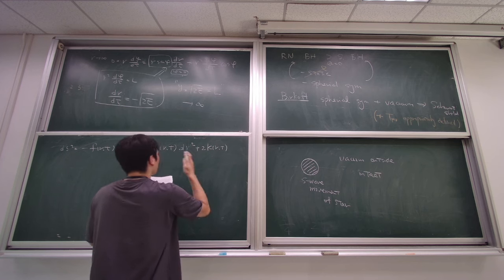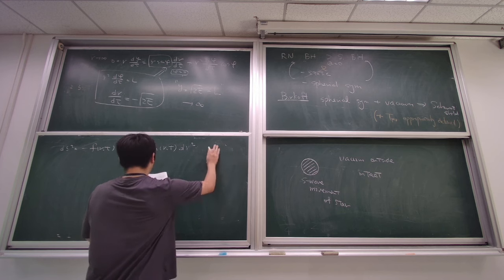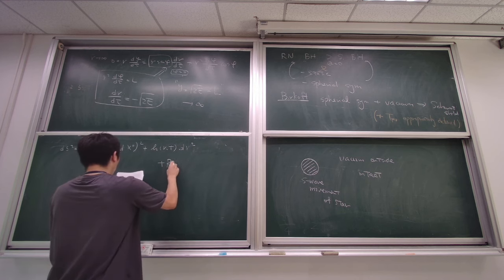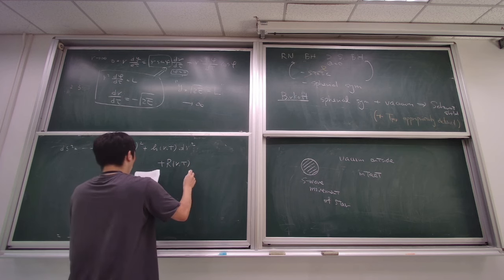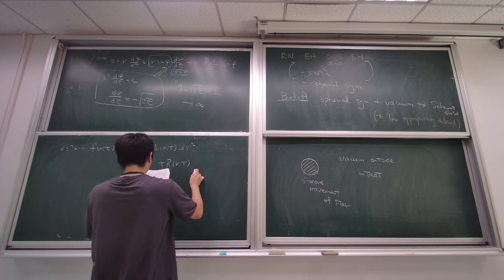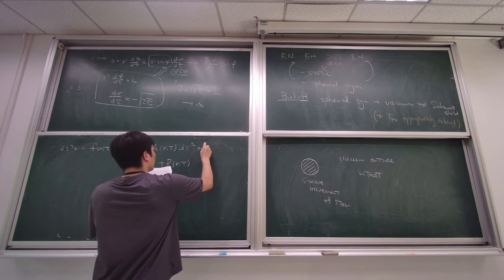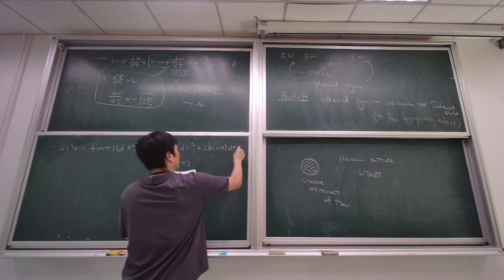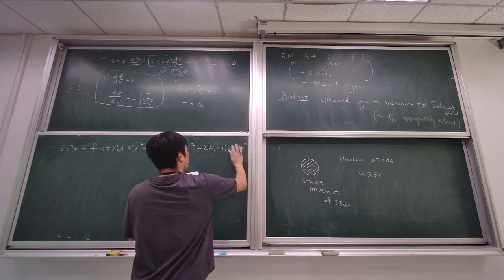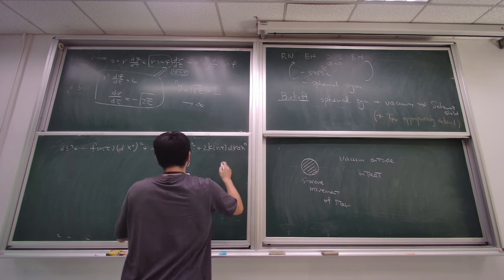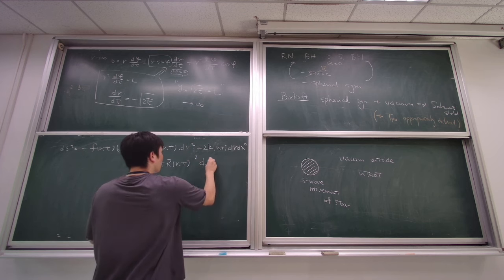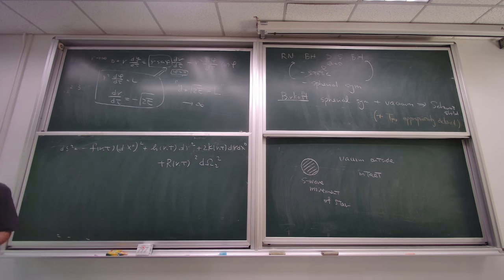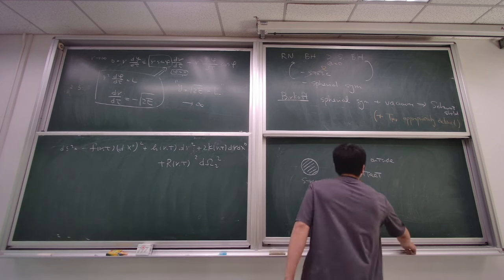Spherical symmetry means that there is no such cross term. So this is a generic assumption for the metric.